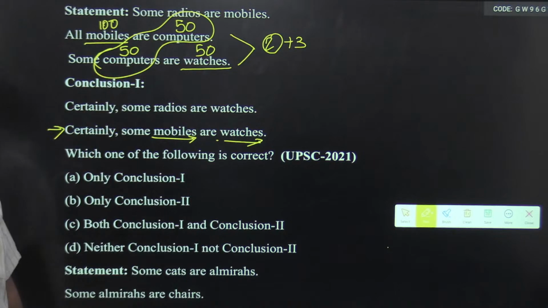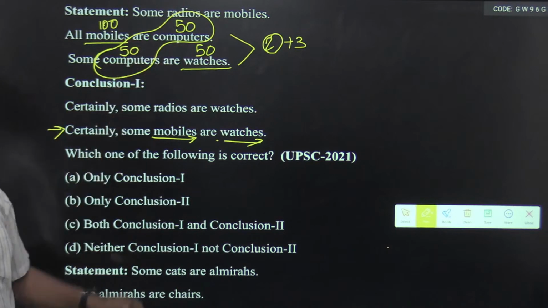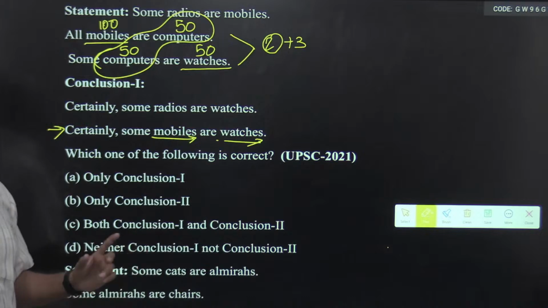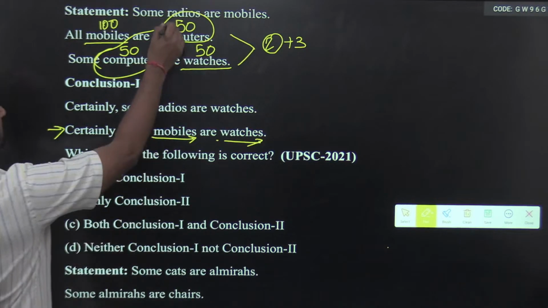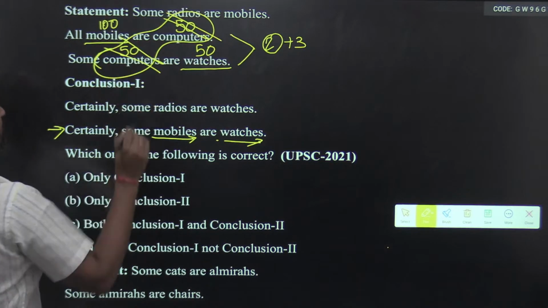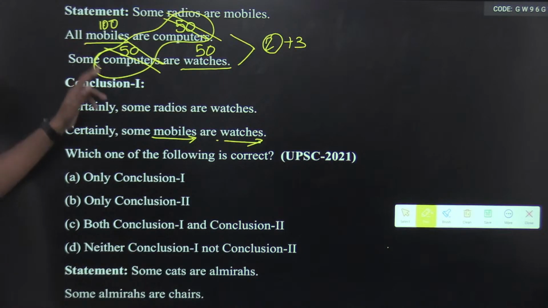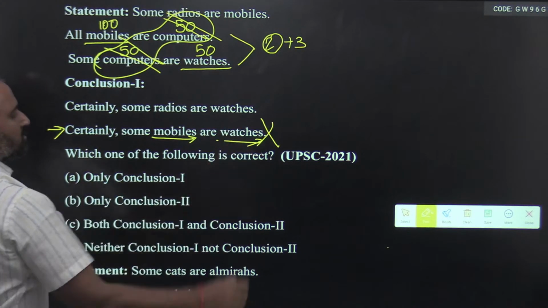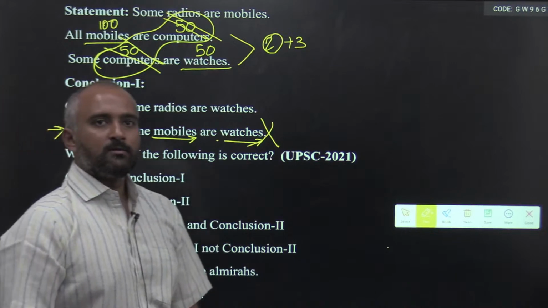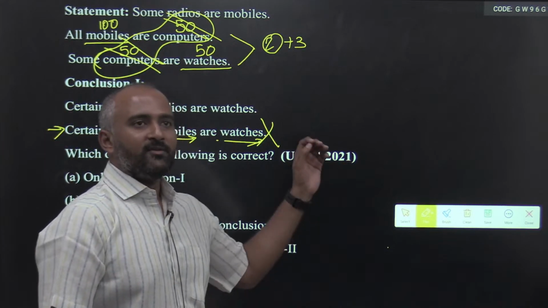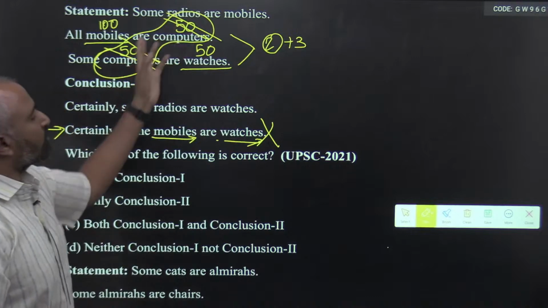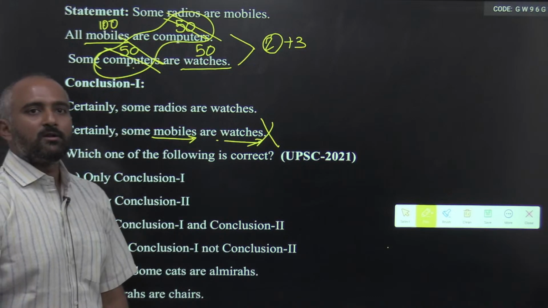Where has it achieved a value of 100? It is 50 here, it is 50 here. It should at least once achieve a value of 100. So since the common element has not achieved a value of 100, no conclusion can be drawn. It is that simple. If you don't see 100 for the common element, then no conclusion can be drawn.